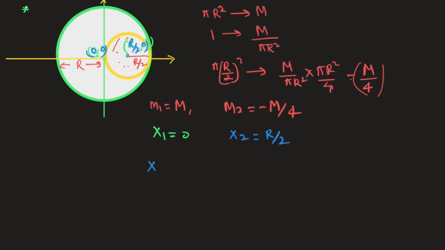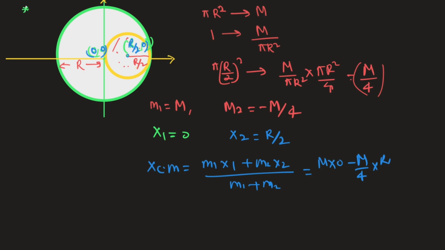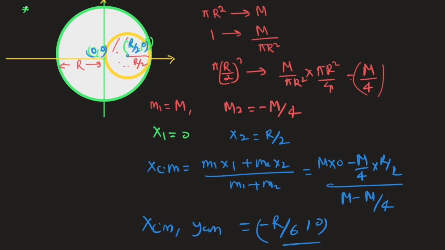Now I have to use this formula: xcm is equal to m1 x1 plus m2 x2 divided by m1 plus m2. Substituting, m1 is M, x1 is 0, minus M by 4 times r by 2, divided by M minus M by 4. If you solve this, you will get xcm, ycm as minus r by 6 comma 0.